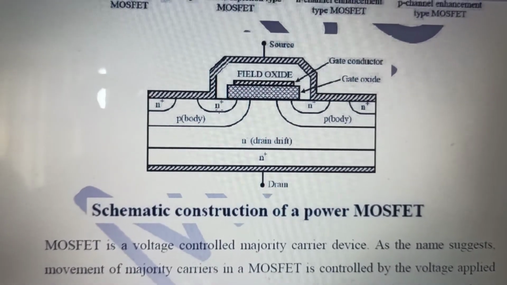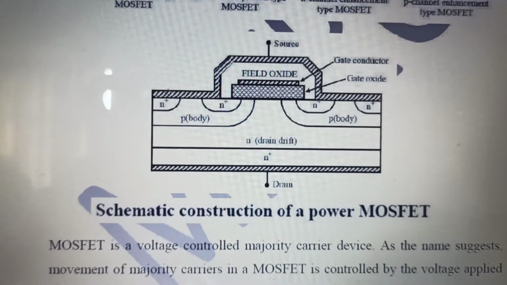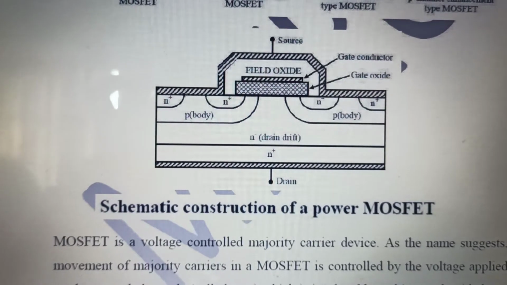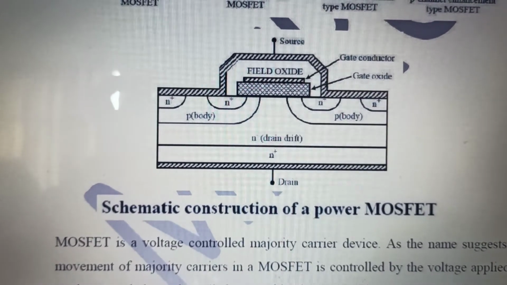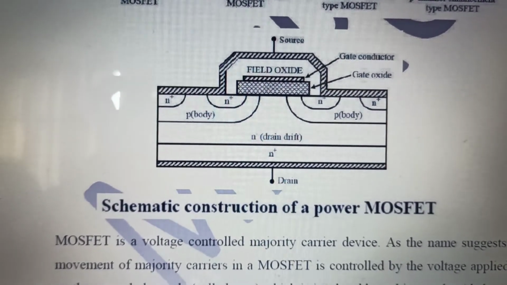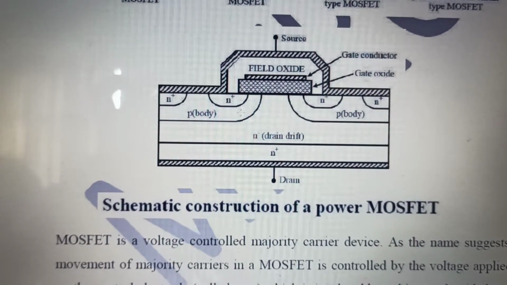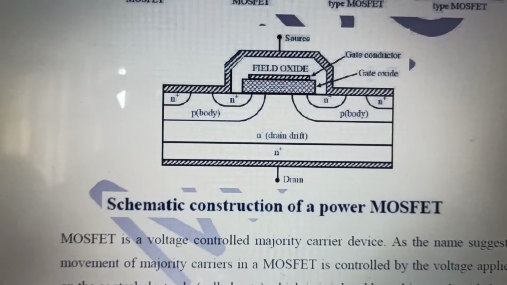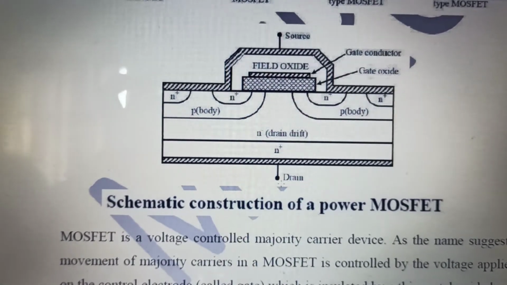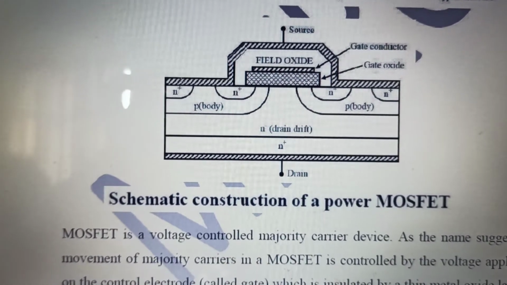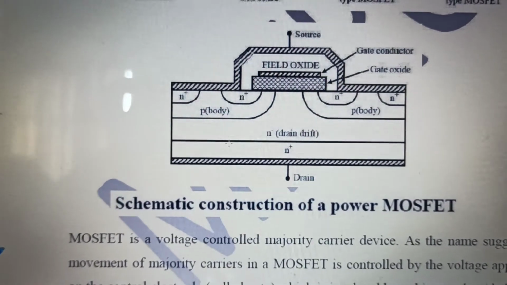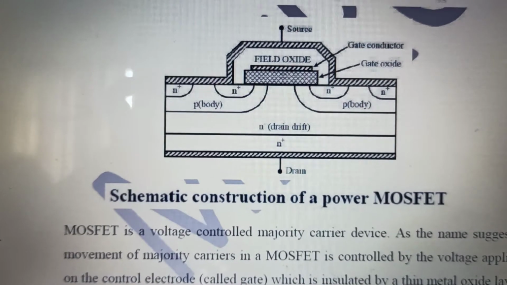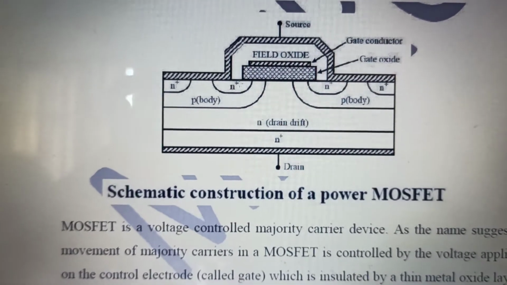Now let's have a look here. This is again a metal. This is the gate oxide. These are again some layers, and then this is the drain. So we can also visualize this as a gate oxide layer, and this is metal below this.